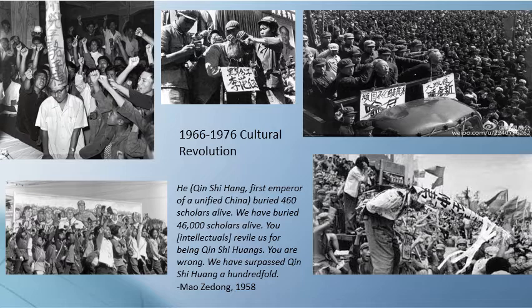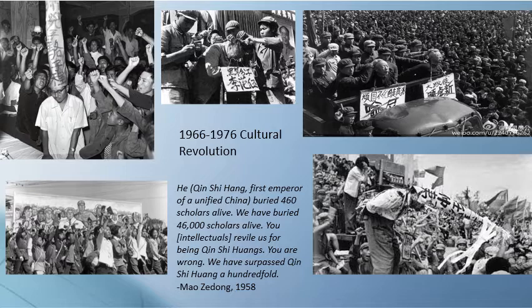So initially it was school teachers and monks and university lecturers that were rounded up and killed, but it was the party elite and the Chinese generals that Mao really wanted purged, and party officials that weren't necessarily loyal to him.